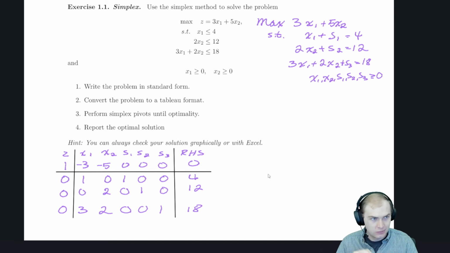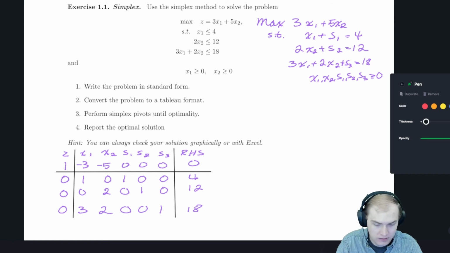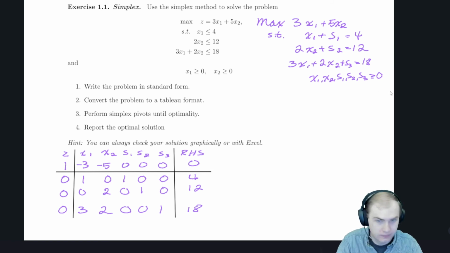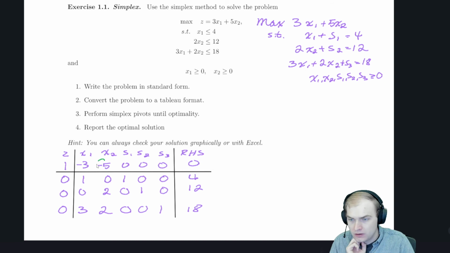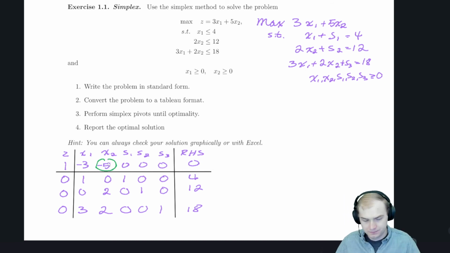So now we can begin. Let's make this smaller as well. Well, x2 has our smallest negative entry, so we're going to pick that one.